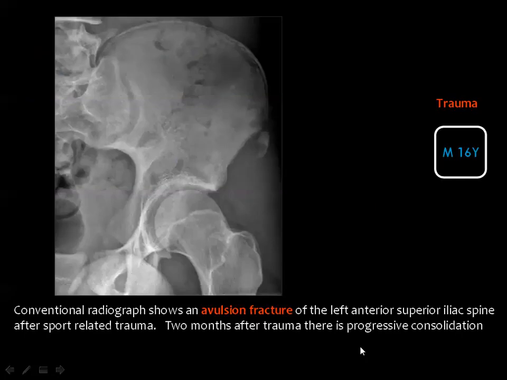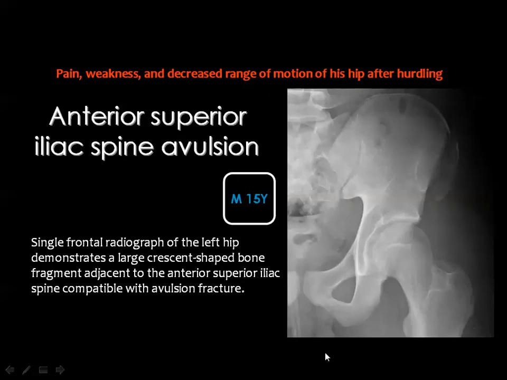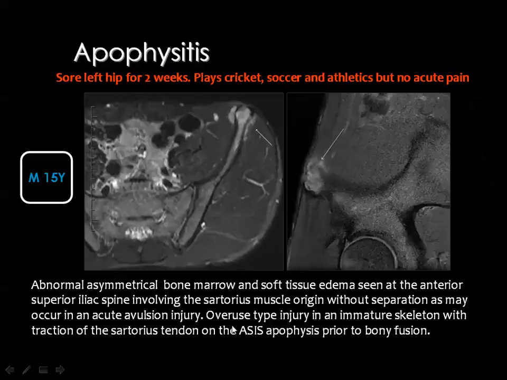And here is an avulsion fracture of the anterior superior iliac spine on the left side, and this is the follow-up examination. You can see the amount of bone trying to bridge the defective area and to get healing of the separated apophysis. And this is also another example of avulsion fracture of the anterior superior iliac spine.